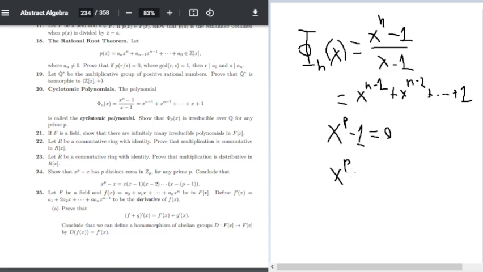If x is rational, x^p is going to be another rational. Actually, let me more carefully prove that. So (a over b) to the p minus 1 equals 0. This is a^p over b^p.